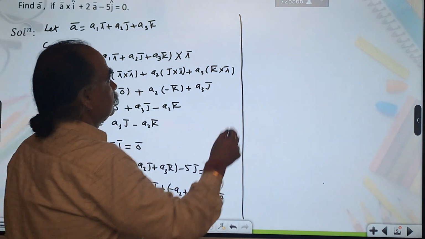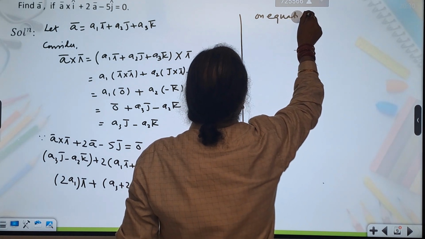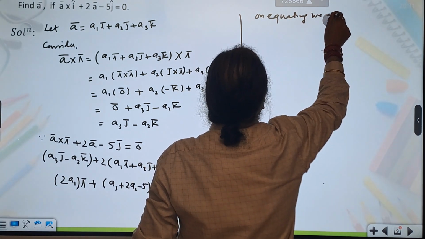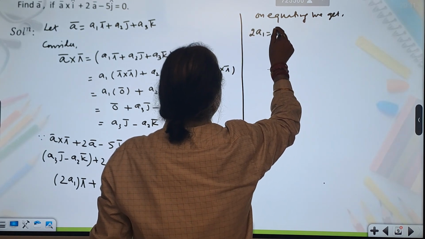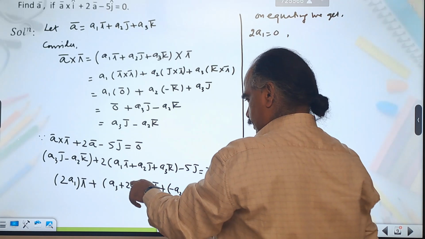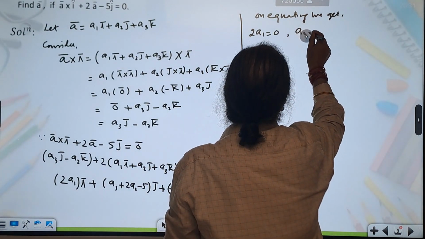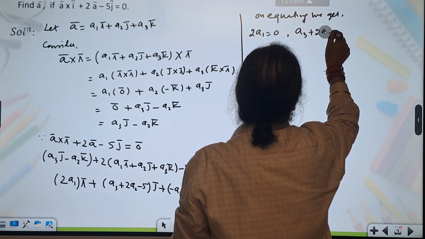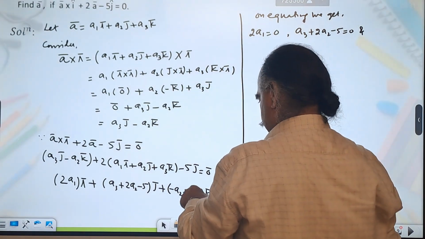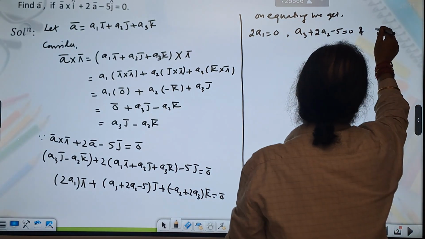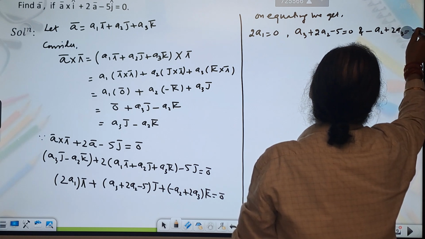On equating, we get 2a1 is 0, a3 plus 2a2 minus 5 is 0, and minus a2 plus 2a3 is 0.